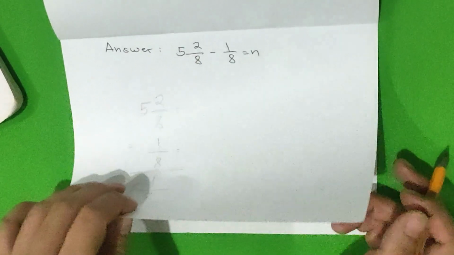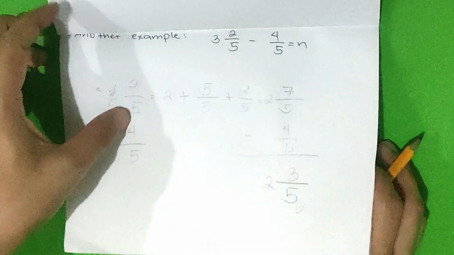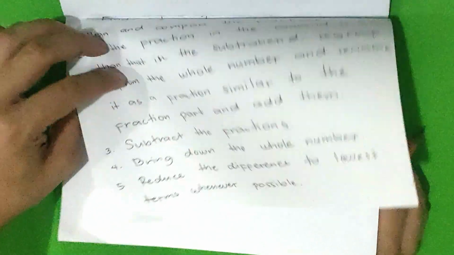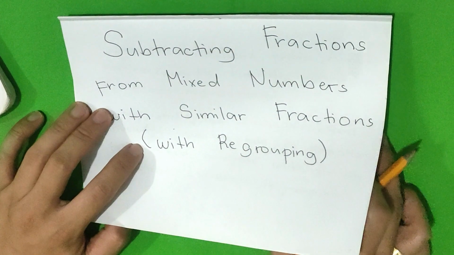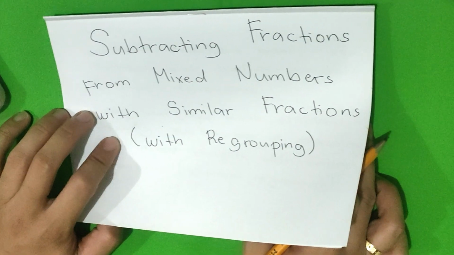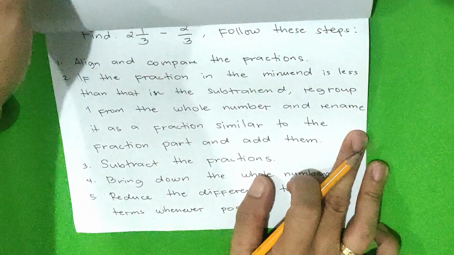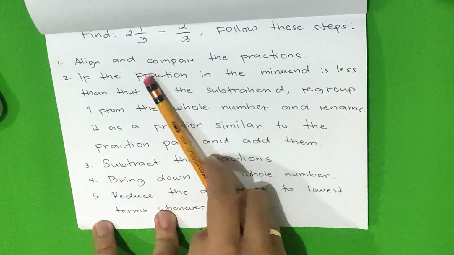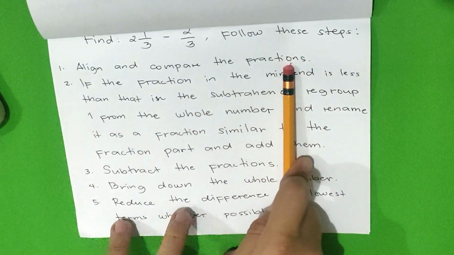So remember, when we subtract fractions from mixed numbers with similar fractions with regrouping, these are the steps. Align and compare the fractions.